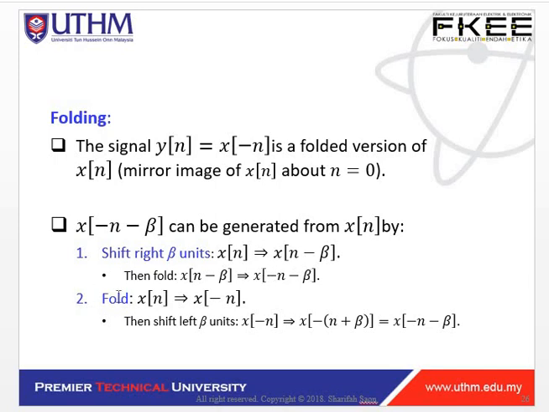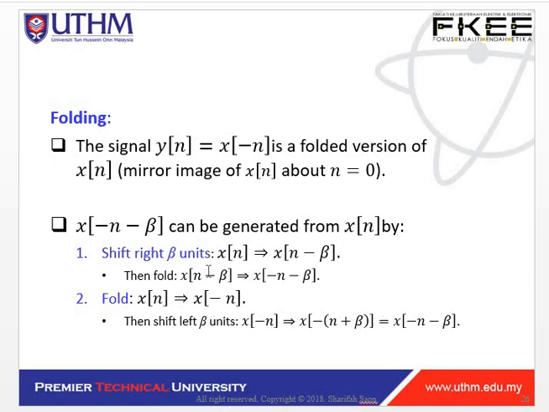Let's say if you choose to do the time folding first, you have x[negative n]. If you do the folding first, this means you fold the x[n], so you get x[negative n], and then do the time shifting. So bear in mind that if you do the folding first, then the time shifting, make sure that you factorize it.